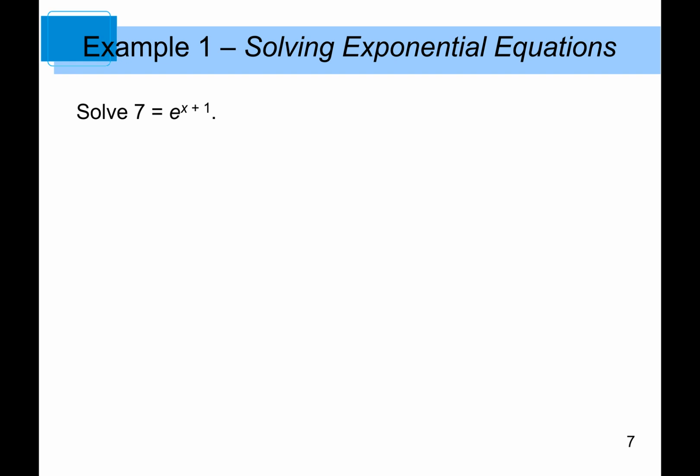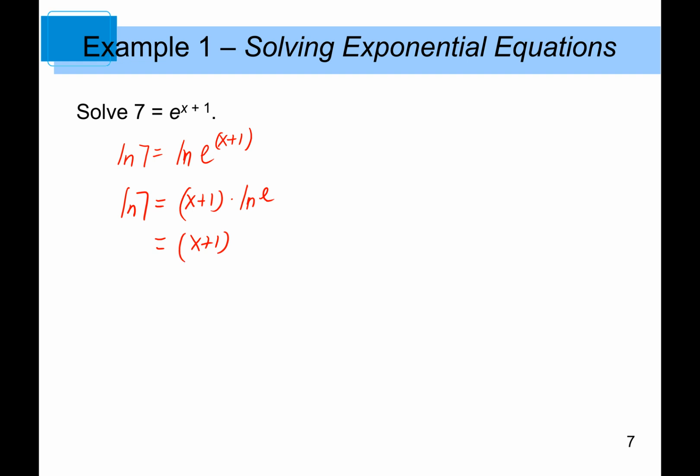Now let's take a look at this exponential equation. I'll try to solve it. Solve for x. So first of all, anytime you have an exponential equation, you take ln from both sides of the equation. The exponent on the right hand side goes in front, so it becomes x plus 1 times ln of e, and ln of e becomes 1.